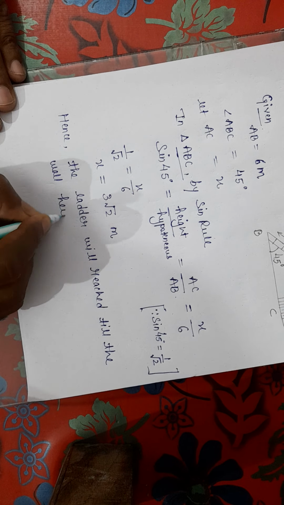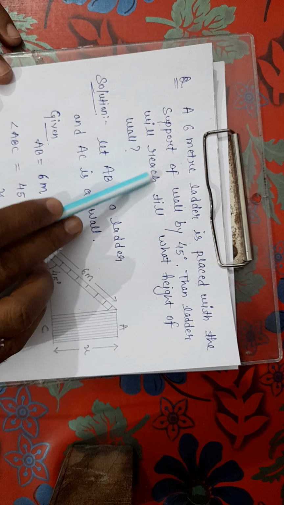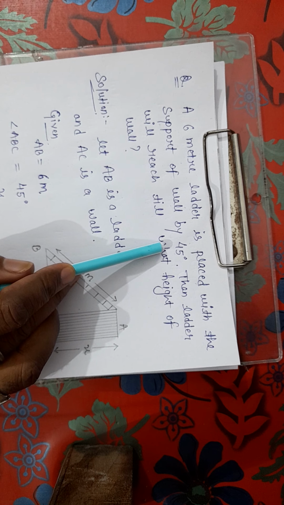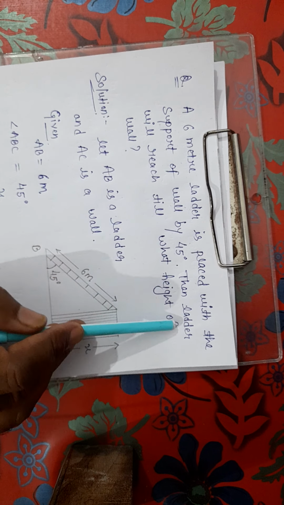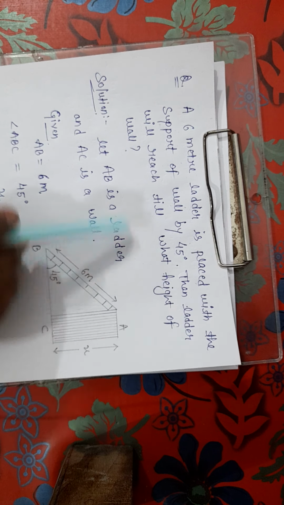Once again I am revising the question. Concentrate here. Students, the question is: a 6-meter ladder is placed with the support of a wall at a 45-degree angle of elevation. Then the ladder will reach till what height of the wall? So first we prepare an image here.